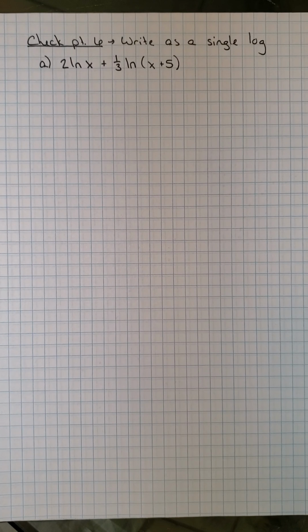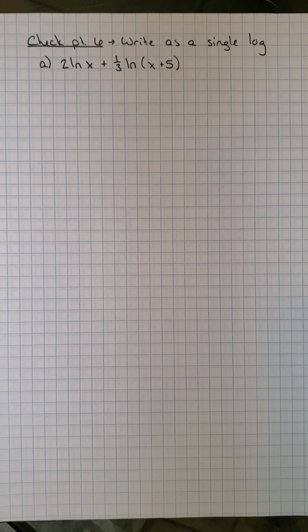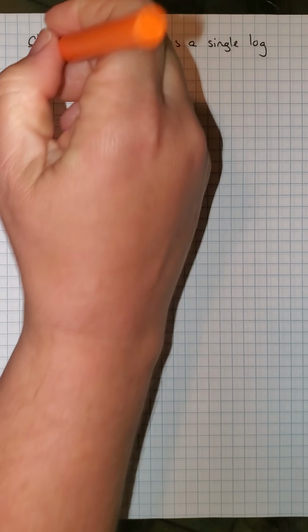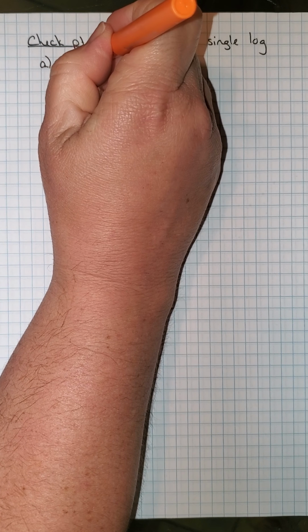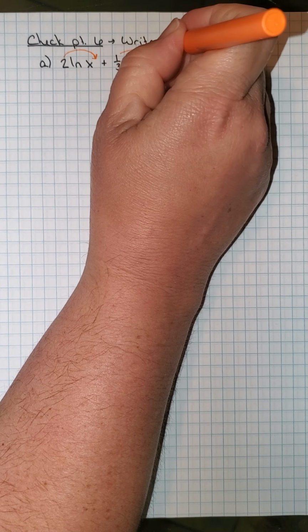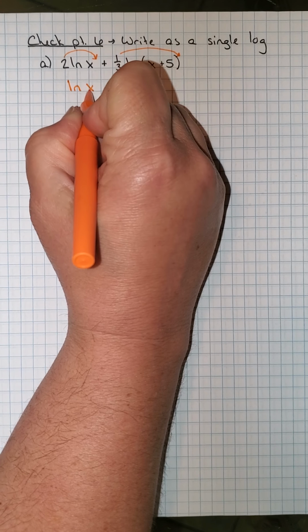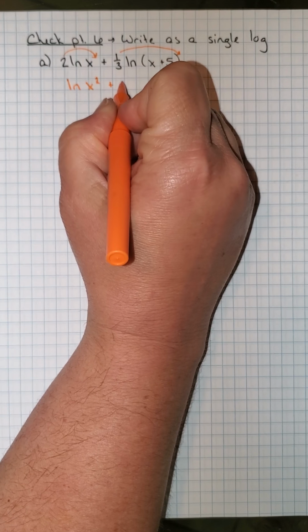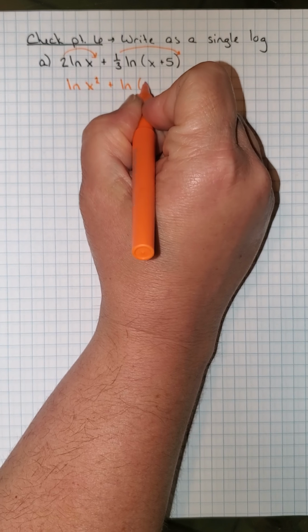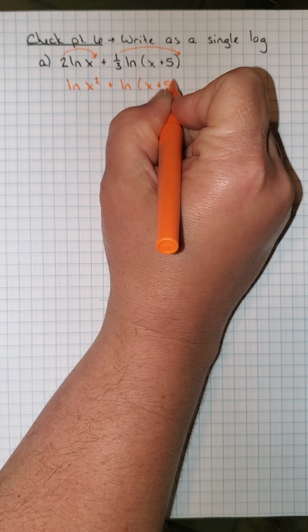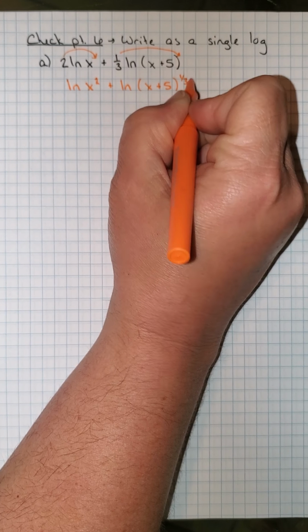All right, so we actually want to take care of those powers first. So I'm going to bring the 2 up, and I'm going to bring the 1/3 up. So we have the natural log of x squared plus the natural log of x plus 5 to the 1/3.